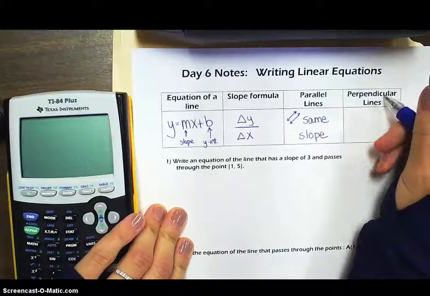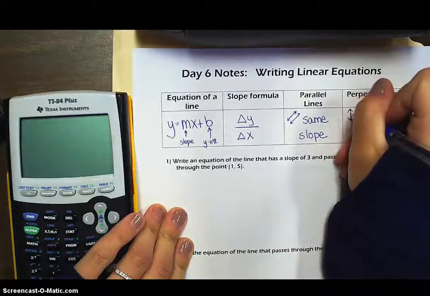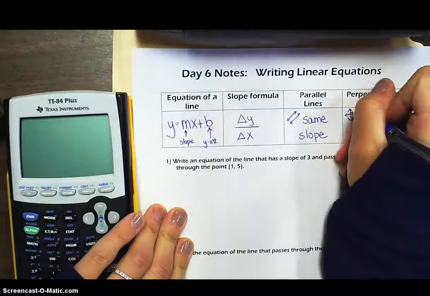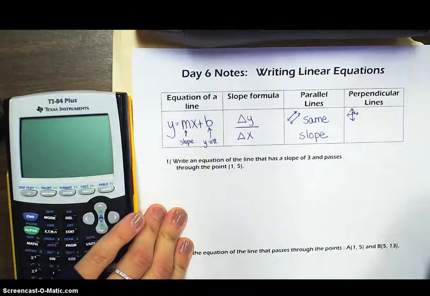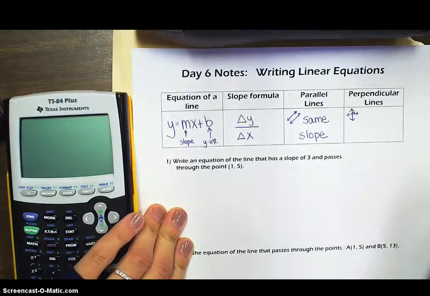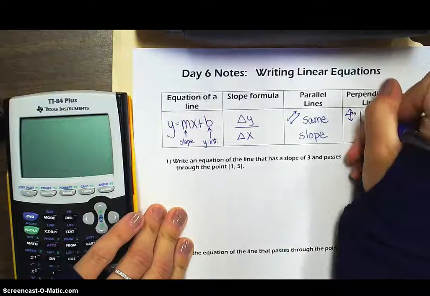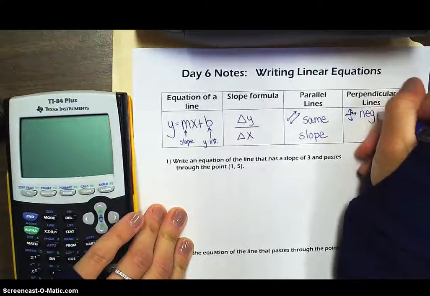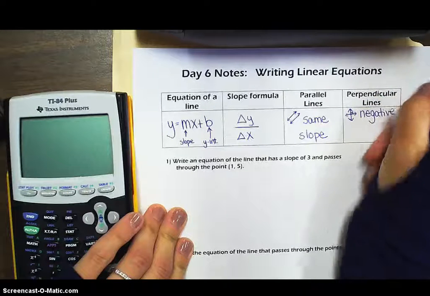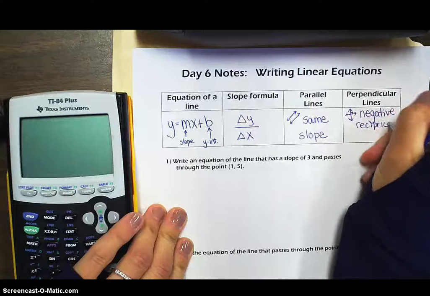And finally, perpendicular lines. Perpendicular lines are lines that intersect to form 90-degree angles. The key thing is that, in order to form those 90-degree angles, their slopes have to be negative reciprocal slopes.